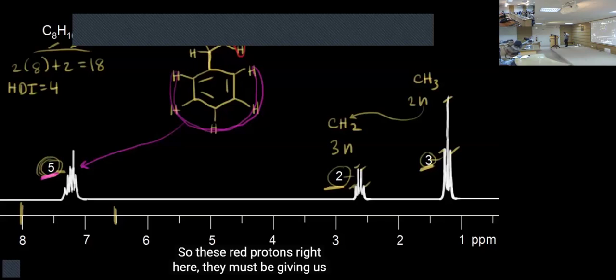So 2 + 1, that is why it is 3. And when you see a quartet, and you see the integration is 2 protons, and it's a quartet, it means n+1 rule. So 3 + 1, 4. That's why you are observing 4 signals. Okay, so besides this CH2, there is a CH3.